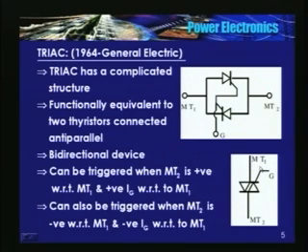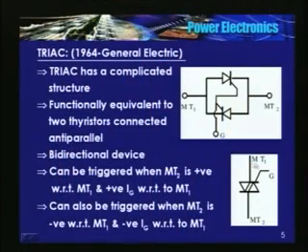I will repeat, MT2 should be positive with respect to MT1 and a positive gate current with respect to MT1. It can also be triggered when MT2 is negative with respect to MT1 and by a negative gate current with respect to MT1.